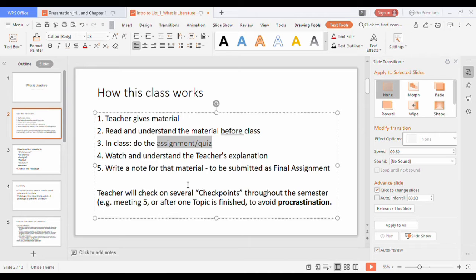I do understand that sometimes the articles or the materials that I give will be a bit hard. For example, this article today may not be the easiest thing that you have read.